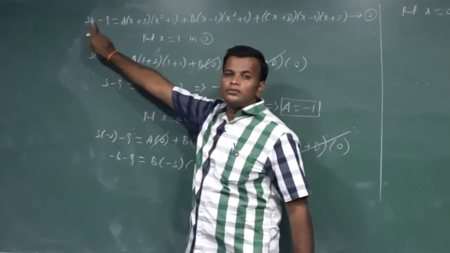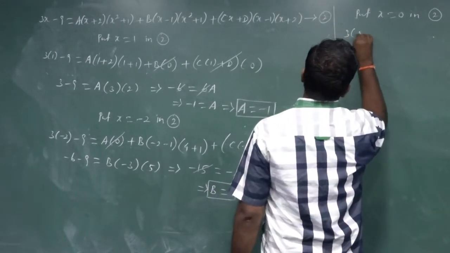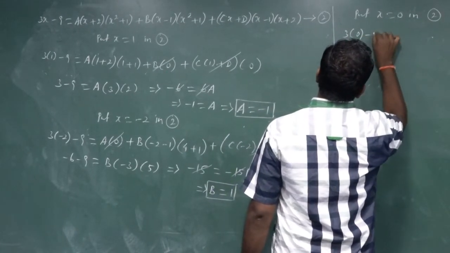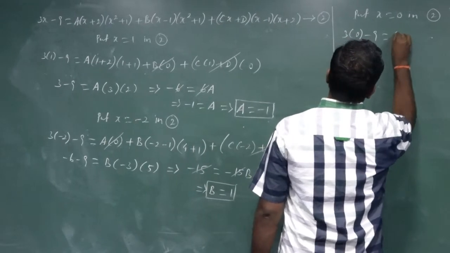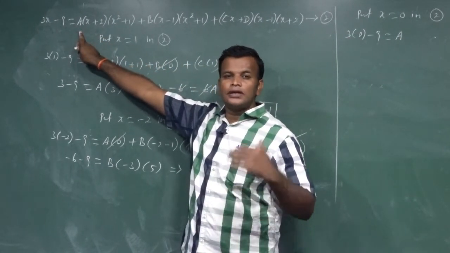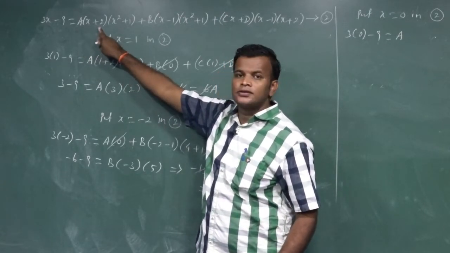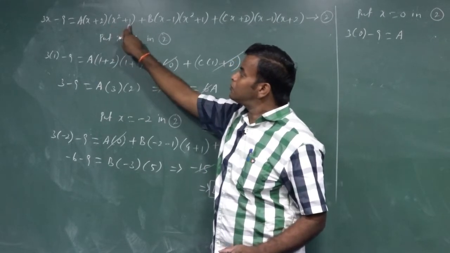So 3 of the value of x is 0, so 3 into 0, minus 9 is equal to a of, okay, whenever x is there, we replace it because the value of x is 0. So 0 plus 2 is 2, and 0 square plus 1 is 1.